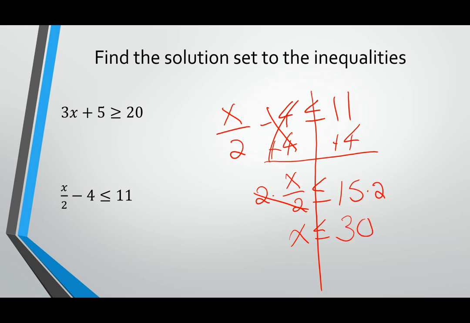And just like a normal equation, we have our solution, we have our answer. So I'll leave that up there just for a few more seconds in case you're still writing it down. And then we'll move on to our final few equations. We've got a couple more before we wrap things up.